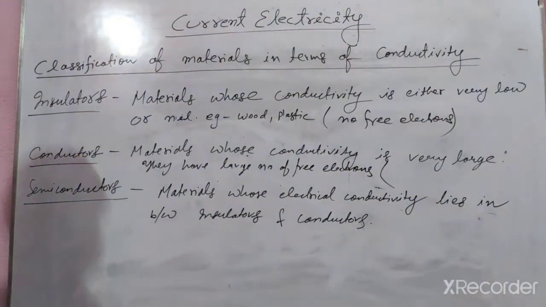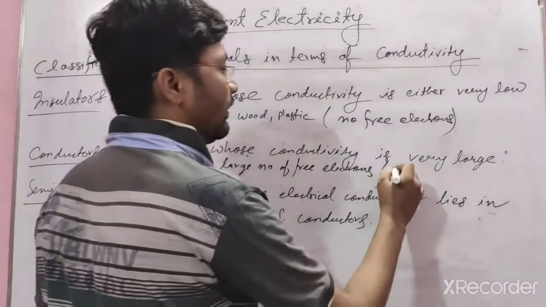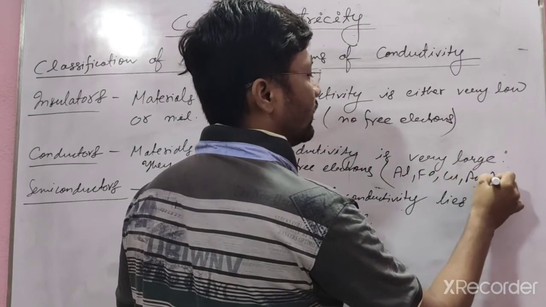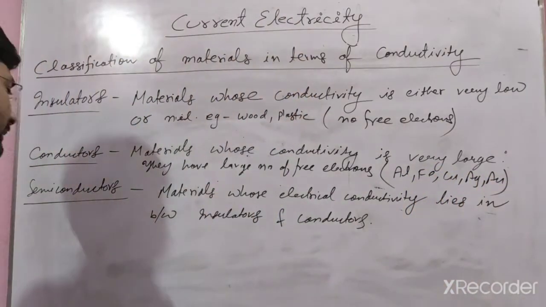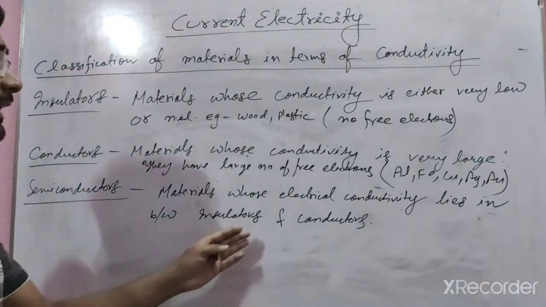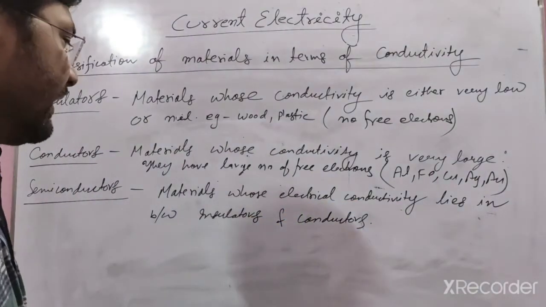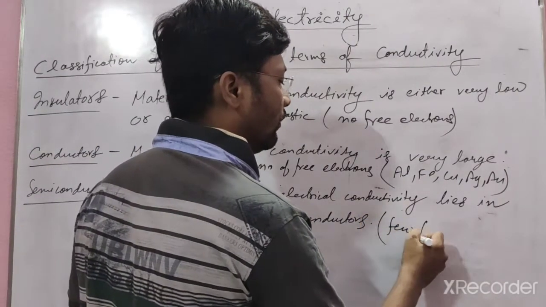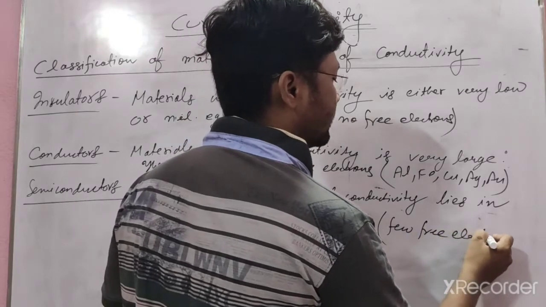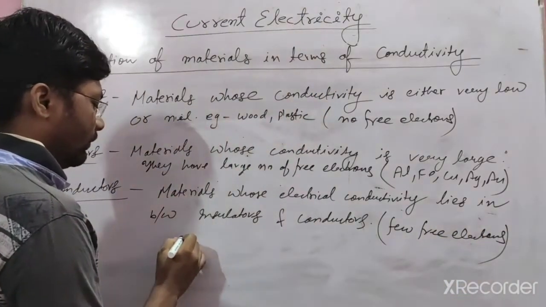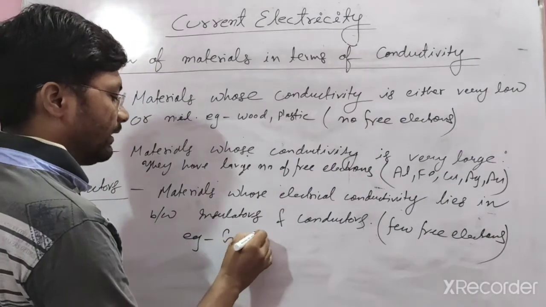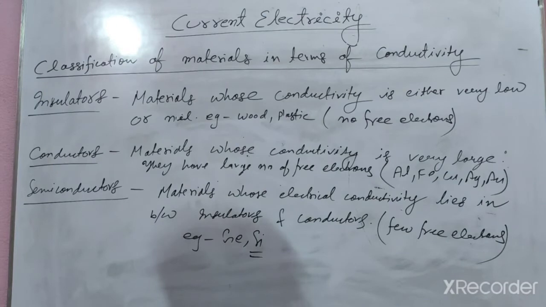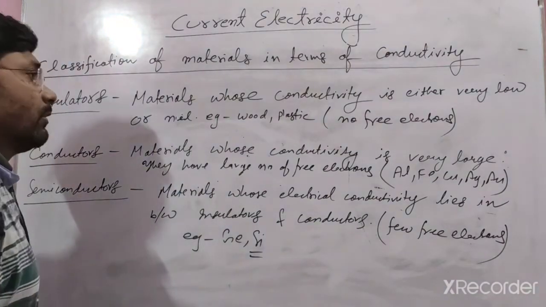Some examples of conductors are aluminium, iron, copper, gold and silver. Semiconductors are materials whose electrical conductivity lies in between insulators and conductors, which means they have few free electrons. For example, germanium and silicon. We will study these semiconductors, germanium and silicon, in the next topic. Okay, write down.